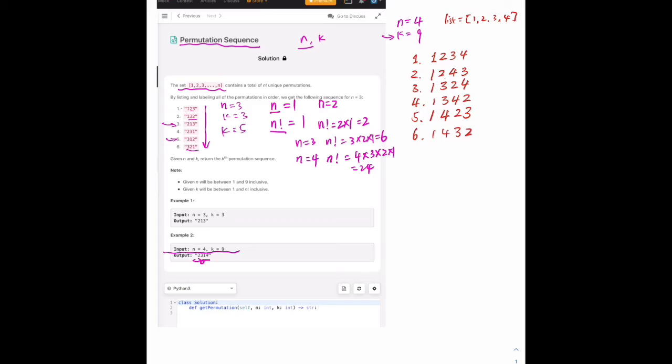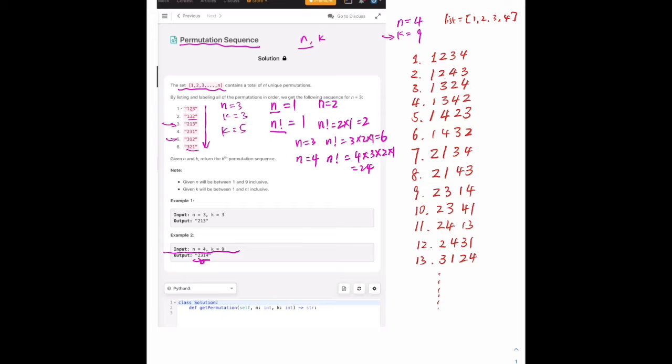So now you can see that starting with 1, we've used all of the 6 different permutations of 2, 3, 4. So we start with 2 now. So the first number, 2, 1, 3, 4. And then we have 2, 1, 4, 3. Then we should start with 3: 3, 1, 2, 4.